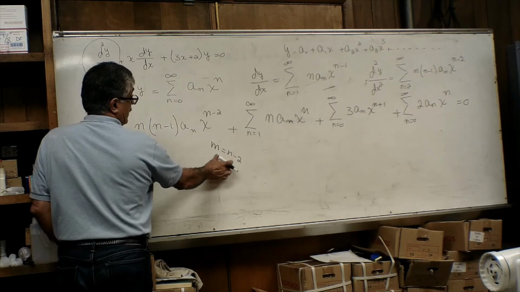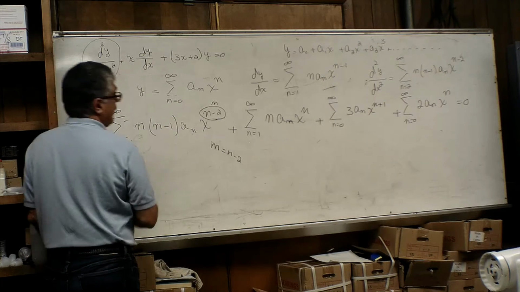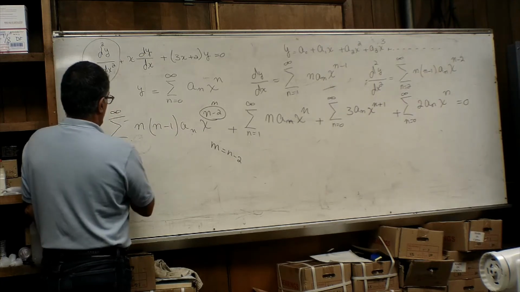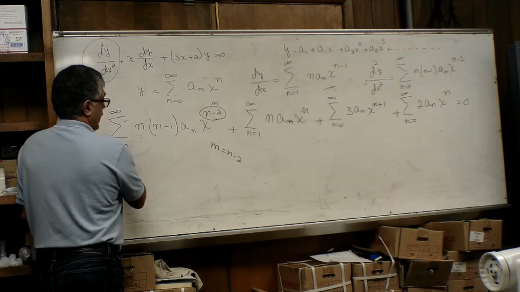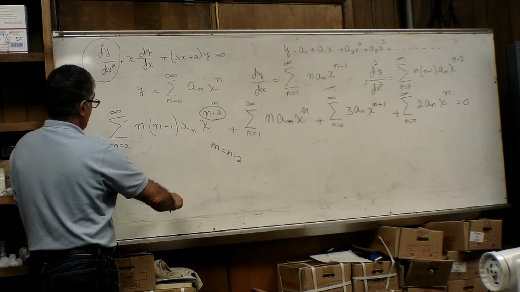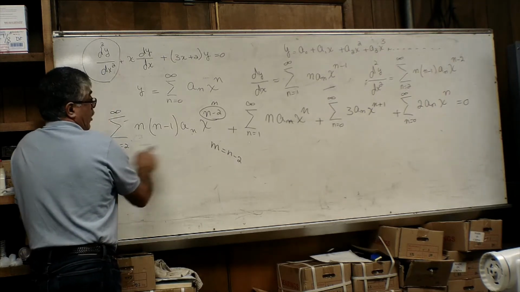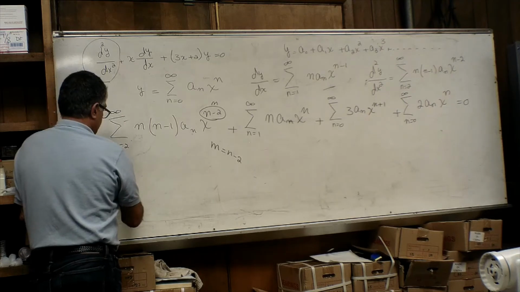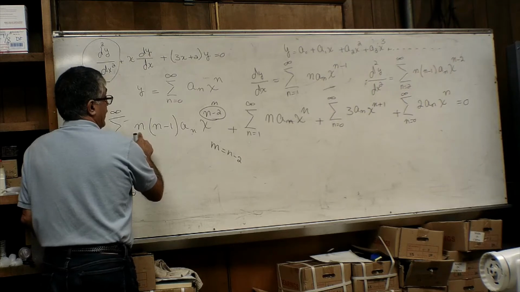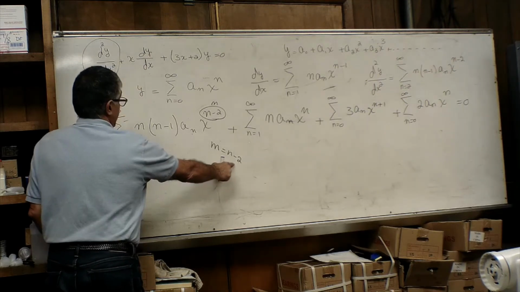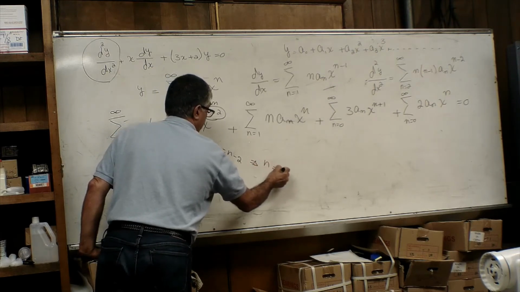So if m is n minus 2, this will be in the form of m rather than n minus 2. So we can write this summation as m from 0 to infinity, because n is 2, minus 2, so m will be 0. If m is n minus 2, therefore n is equal to m plus 2.